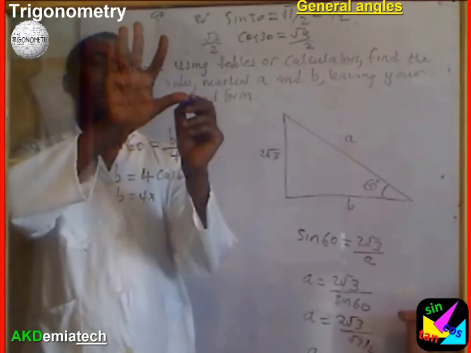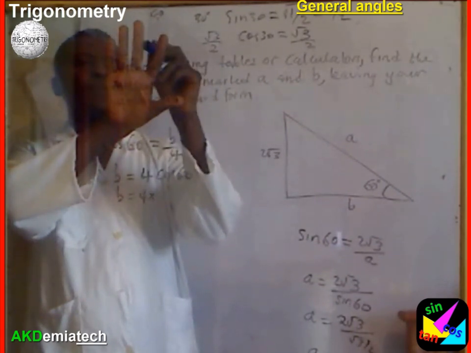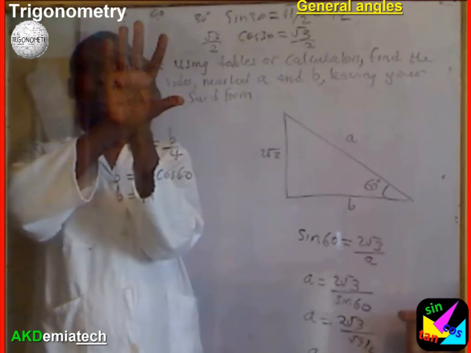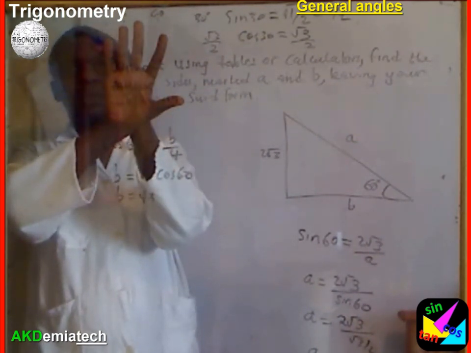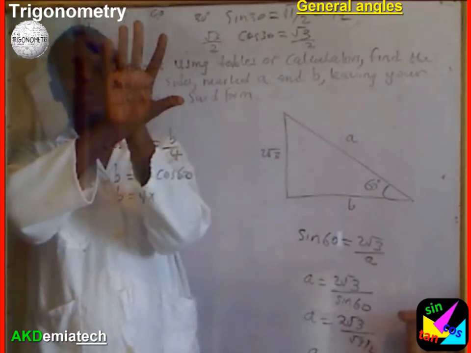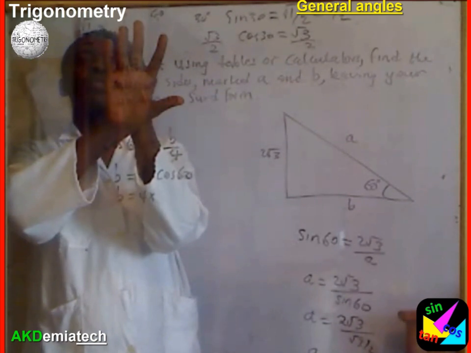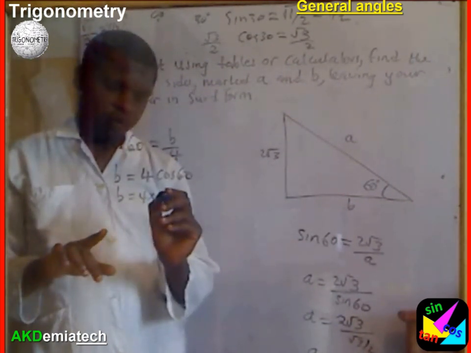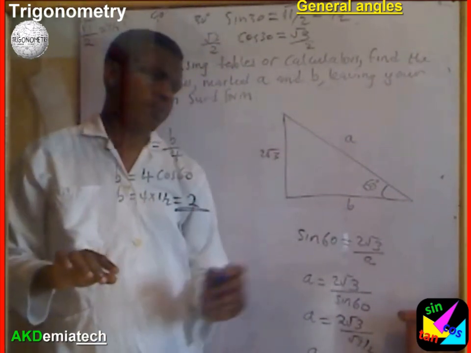This is 0, 30, 45, 60. Cosine, I count the number of fingers this way. So I'll have the one finger, which is square root of 1 divided by 2 to give me half. So now I'll say B is equal to 4 times half, which is equal to 2. And my B there is equal to 2.